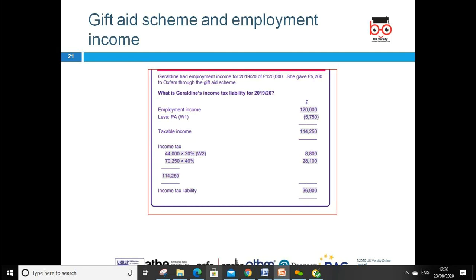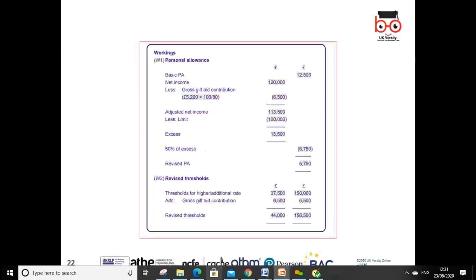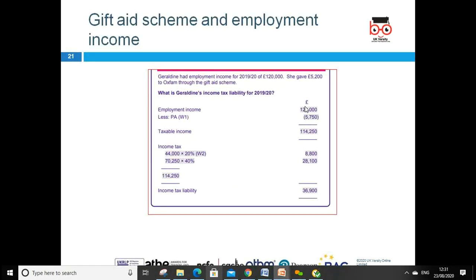So that will be, now we can calculate the tax on it. So taxable income is 114,250 first, so we need to look around, because whatever you paid, 37,500 plus your gross amount, you will see the gross amount of gift aid, that gross amount 6,500.